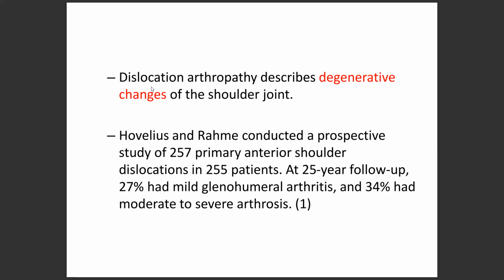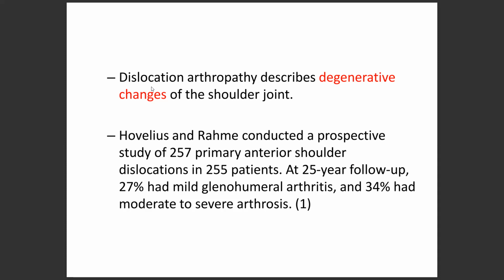In a prospective study, Hovelius and Rahme followed 257 primary anterior shoulder dislocations in 255 patients. At 25-year follow-up, they revealed that 27% had mild glenohumeral arthritis and 34% had moderate to severe arthrosis, that is, degenerative changes.